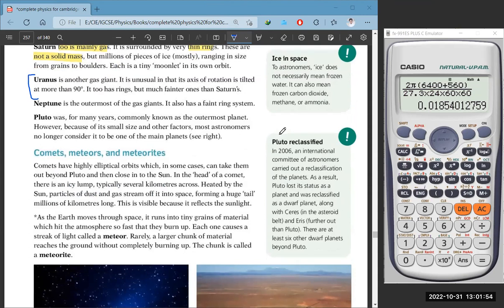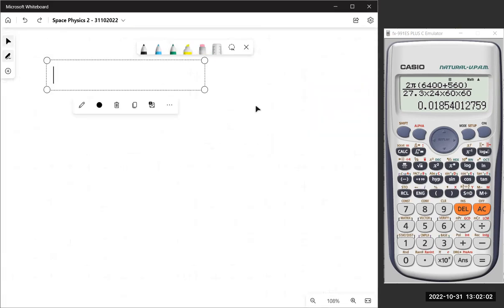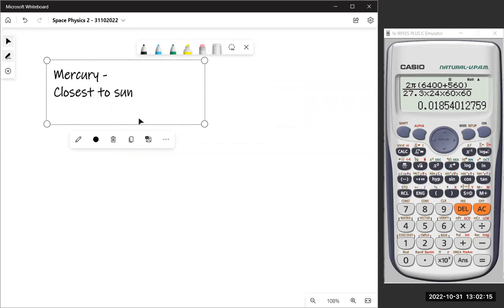All right. Let's see how we do this. Let's go back to the whiteboard. I'm going to give you a few important things about all of these planets, which you must remember. Mercury: closest to Sun, no atmosphere.